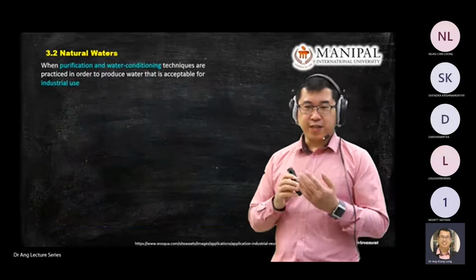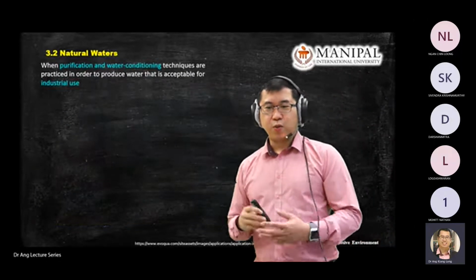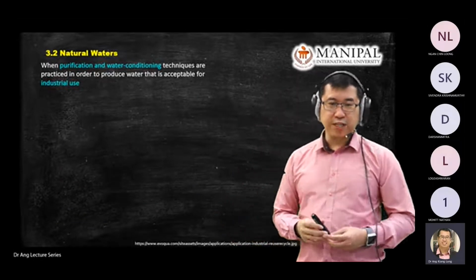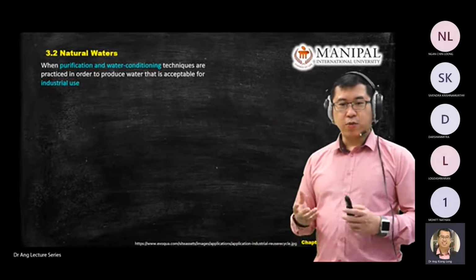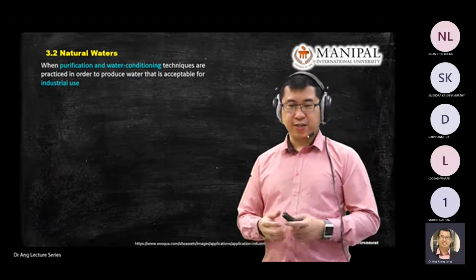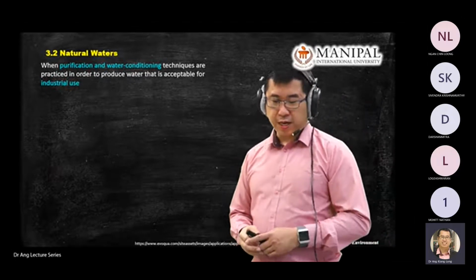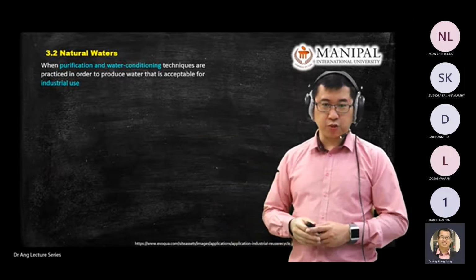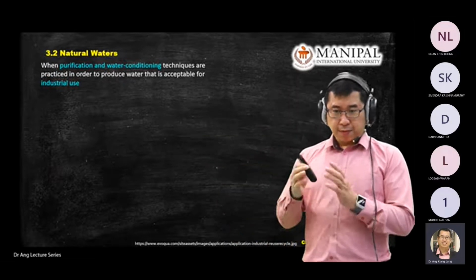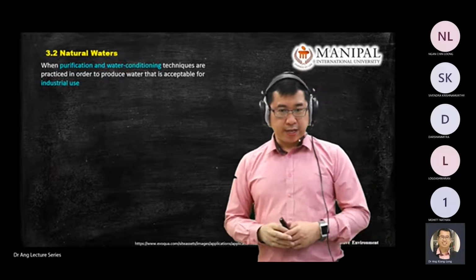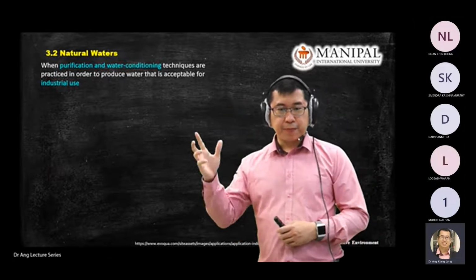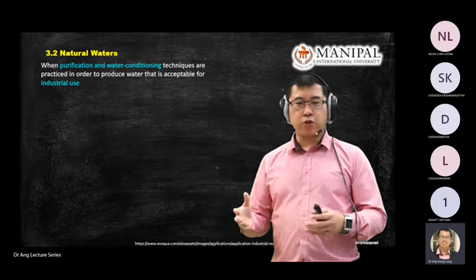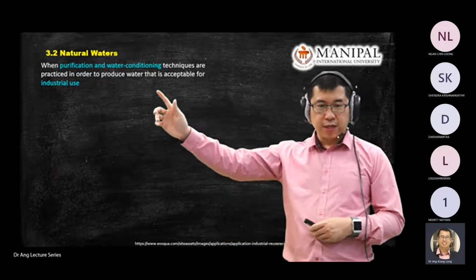Next, because of the impurities, we introduce the purification process, or we call it water conditioning techniques, when it comes to corrosion protection, especially for natural water. This is how we control corrosion when we use natural water.